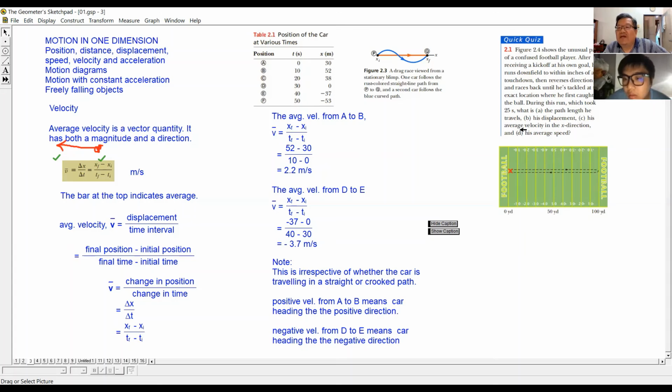Now his average velocity. When you want to find the velocity, you use the path length or you use the displacement? Okay. You see, earlier on you have found two numbers. The first number is the path length, which is 200, and you also found the second number, which is the displacement, 0, right? Okay, so now you want to find the average velocity. Which number you're going to use?